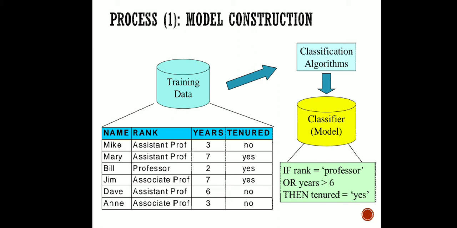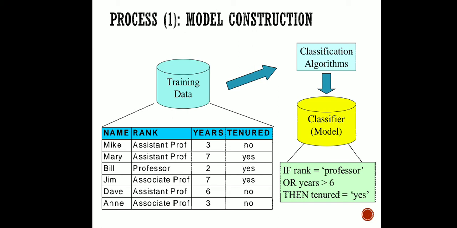We know that if the rank is professor or years is greater than 6, then only yes is coming.